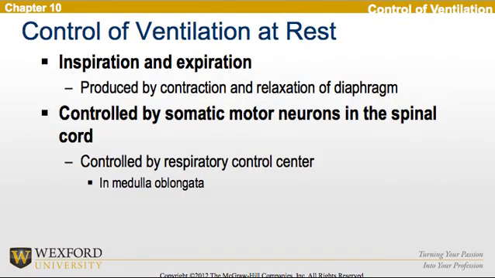Now, if we look at the control of ventilation at rest and focus on inspiration and expiration, we see that it is produced by contraction and relaxation of the diaphragm. We also see that it is controlled by somatic motor neurons in the spinal cord. It is controlled by the respiratory control center in the medulla oblongata.